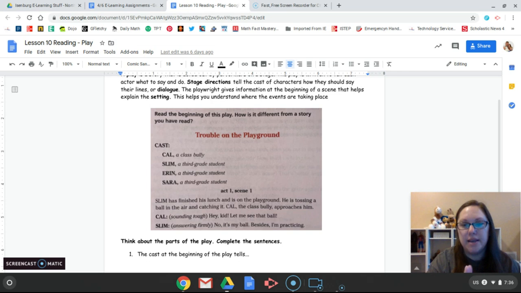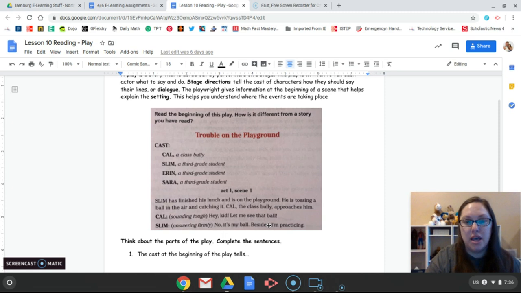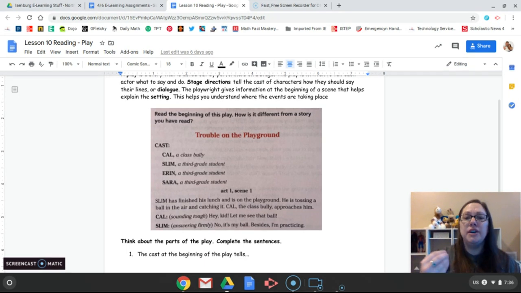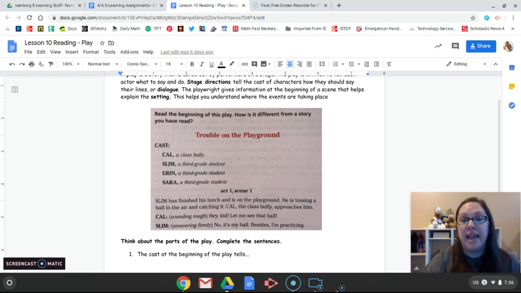That's italics. And so it makes those words look different from the words that they're supposed to say out loud. So you can see sounding tough, answering firmly. Those aren't things that the actors are actually supposed to say out loud. They're giving tips to the actors on how their voice should sound, or what their attitude should be like, or what to do with their body while they're saying their lines.